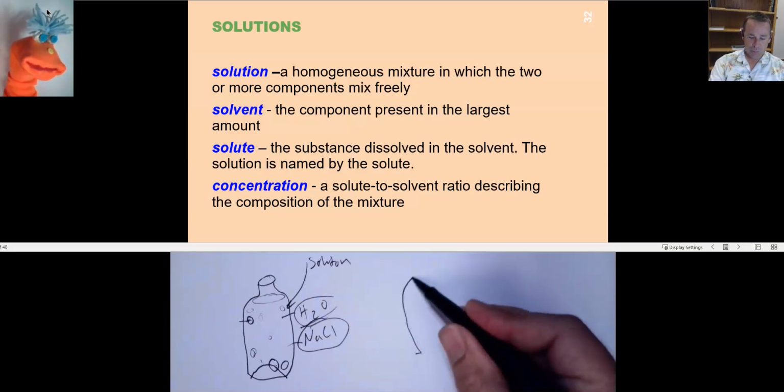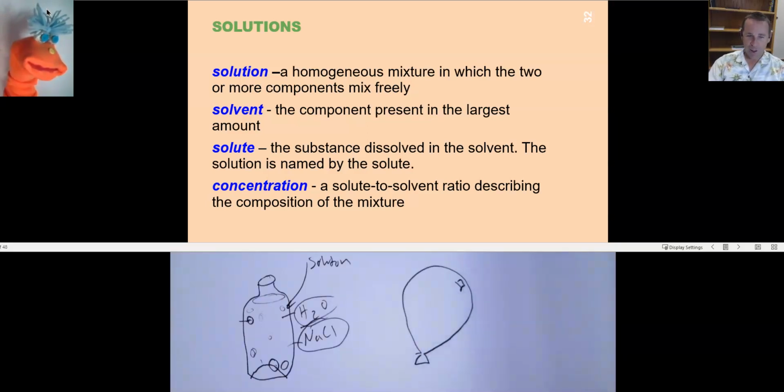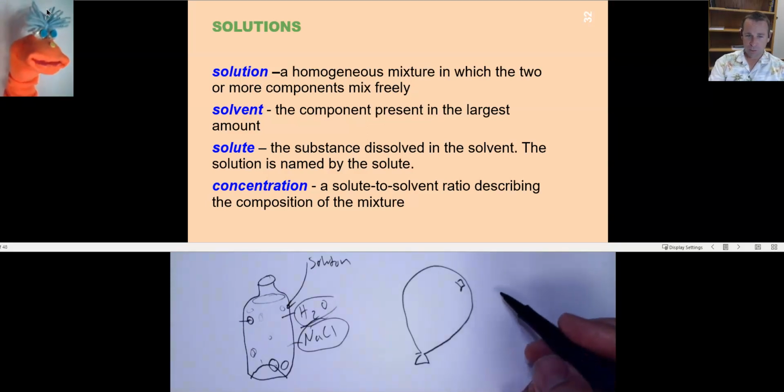We can also have solutions of, for example, this is a balloon full of air, okay? And it can be a solution. What's in that solution? Well, air. That's right. And what's in air? Oh, it's nitrogen, oxygen, and carbon dioxide and argon. That's right.